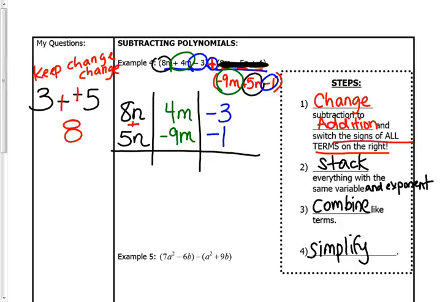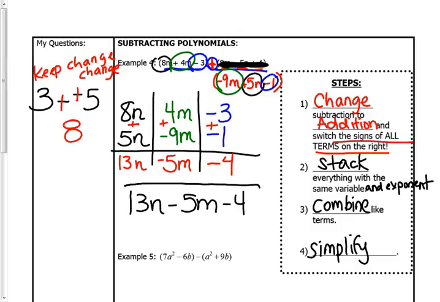So 8n plus 5n is going to be 13n. 4 plus negative 9 is going to be negative 5. So that's negative 5m. And then negative 3 plus negative 1 is negative 4. So my answer, I want to keep the signs the way they are. Okay, 13n minus 5m minus 4. That would be my answer.